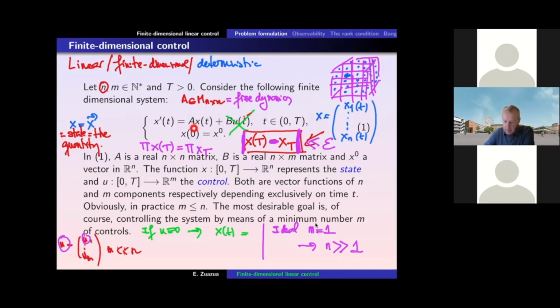In the sense that, for instance, A will be how the different offices in the building are interconnected, and therefore how the temperature in one room is affecting the temperature in the neighboring rooms. So typically, capital A is a matrix that is related to the geometry of the configuration you are considering and the connectivity between the different components.